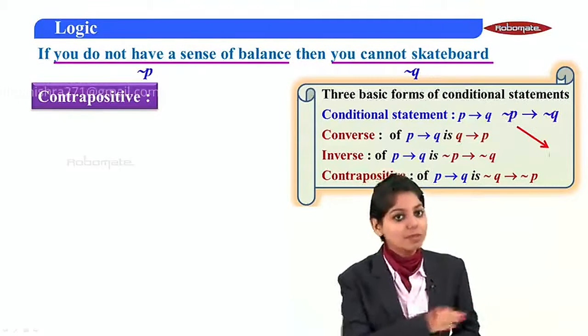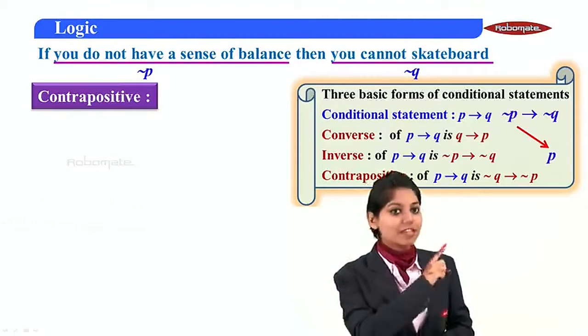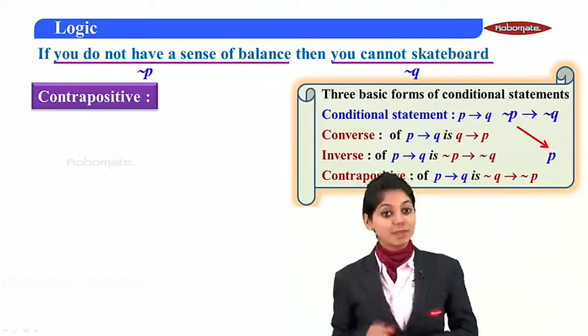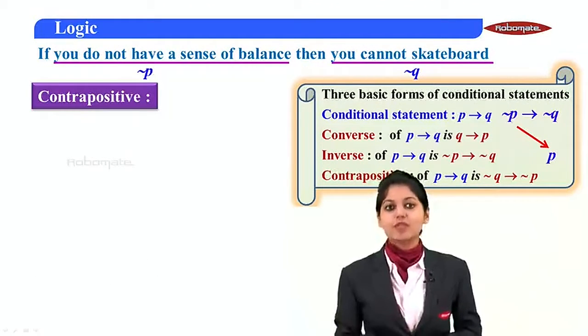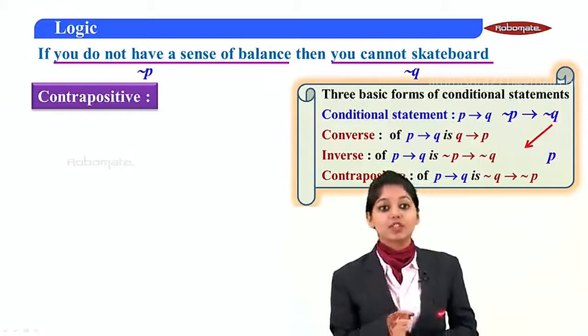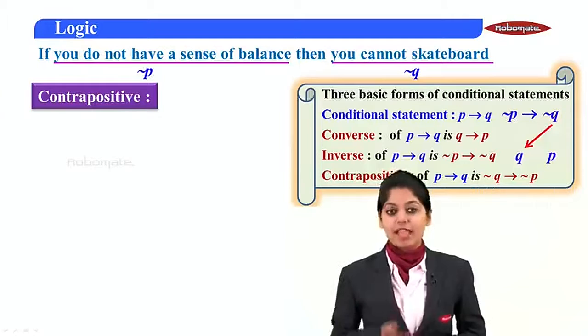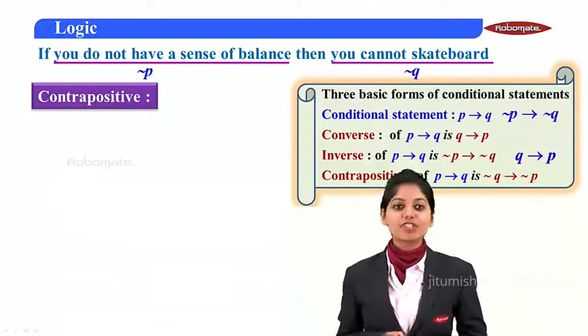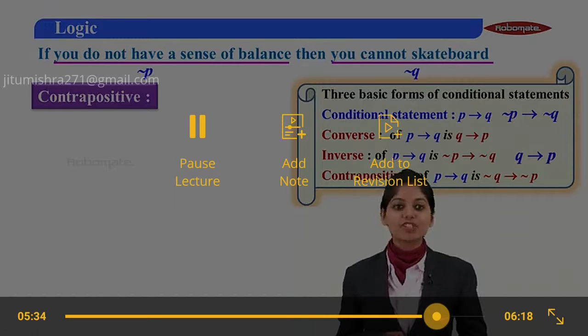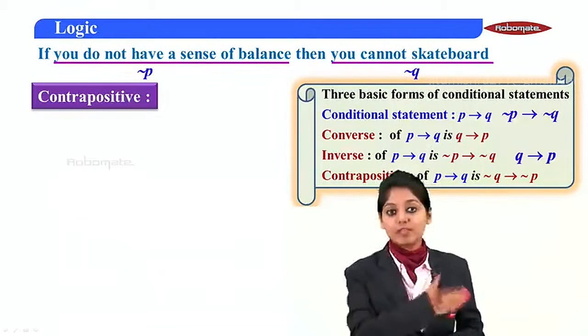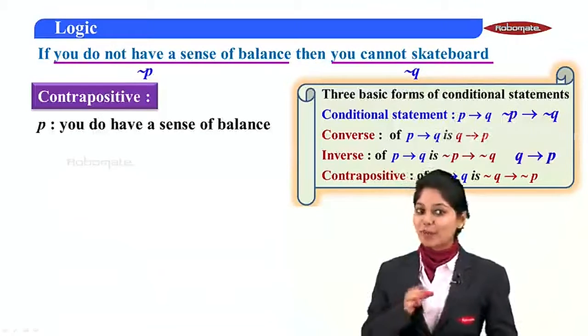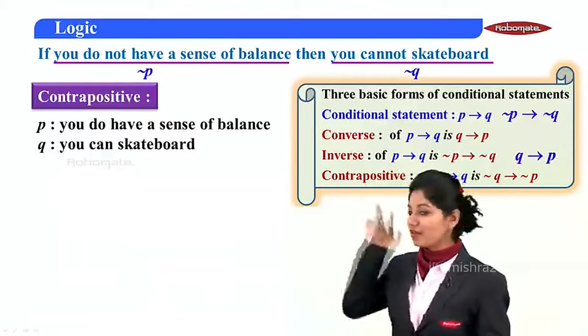Negation Q implies negation P. So you'll put negation of negation Q, that is Q, in the place of negation P, and then you will go for the negation of negation P, that is P, in the place of negation Q, and then simply an implication symbol between them, that is Q implies P, and that's the formula for the contrapositive where P and Q are in front of you.